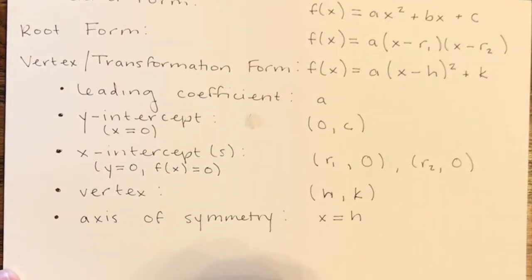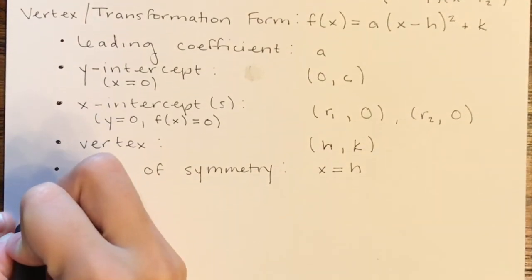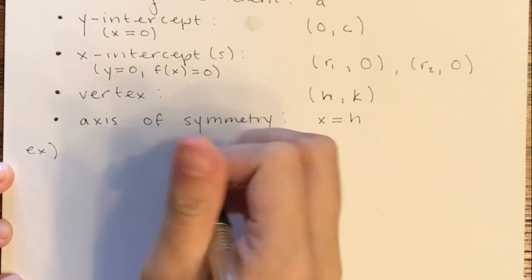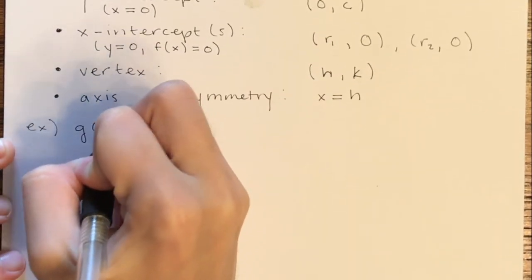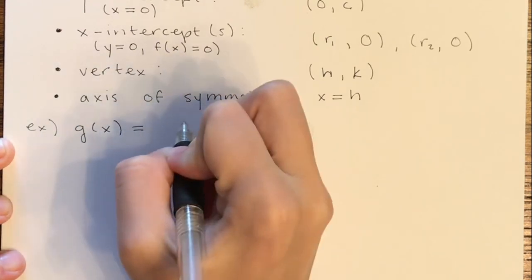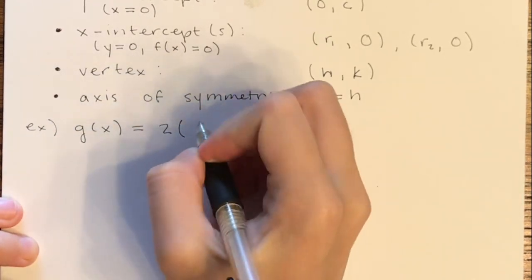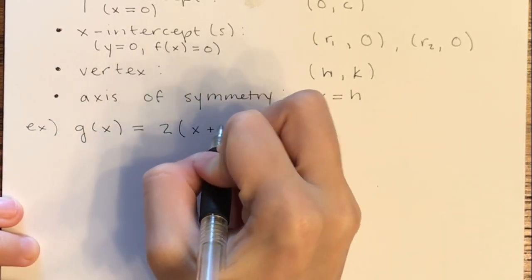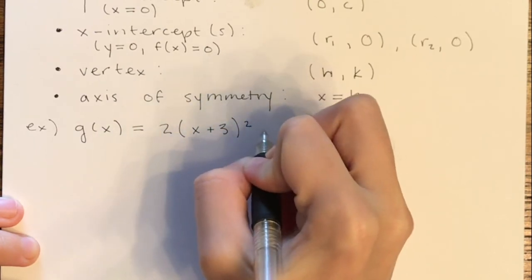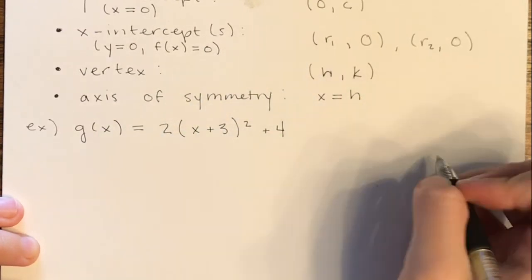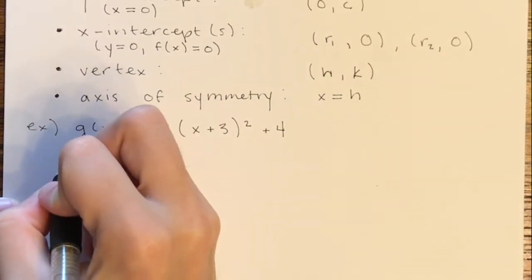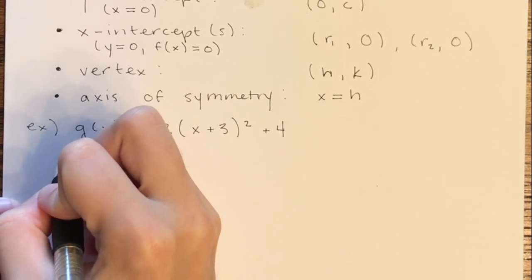Awesome. Okay, let's look at an example and determine all of these things for a given function. So let's say we're looking at g of x equals 2 times (x plus 3) squared plus 4. Okay, so what is our leading coefficient here?